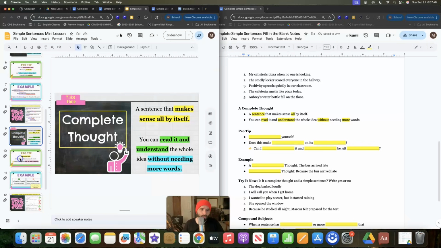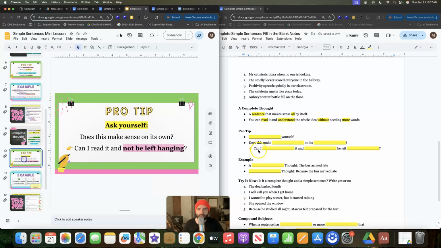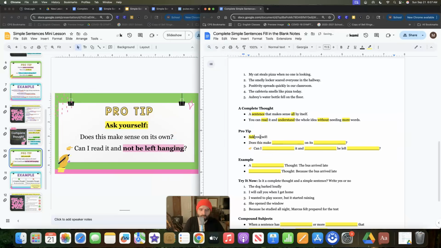What you need to walk away from is knowing whether or not there's more than one thought in a sentence. And we do that with compound and complex sentences, which some of you learned last week. But does it make sense on its own? Okay. Can I read it and not be left hanging?